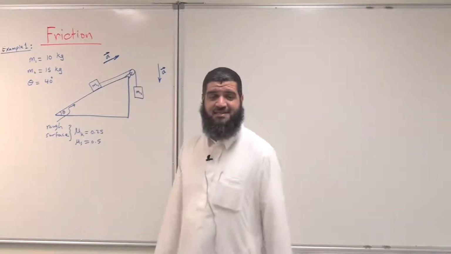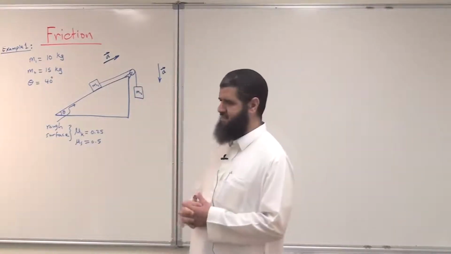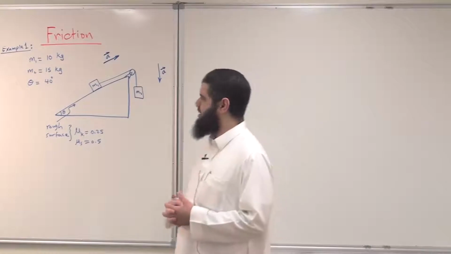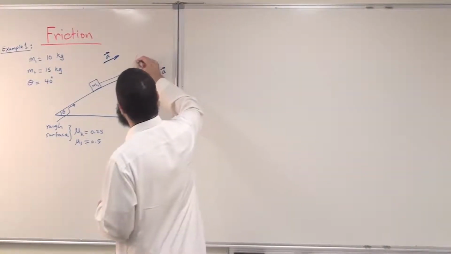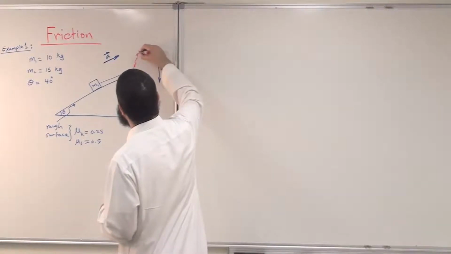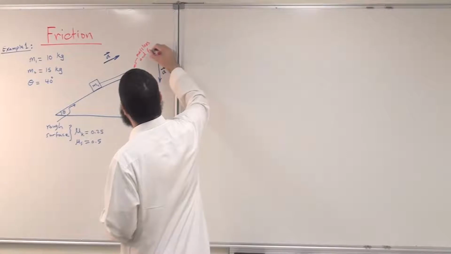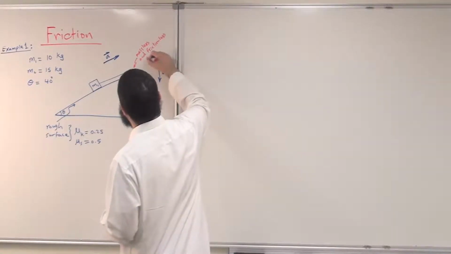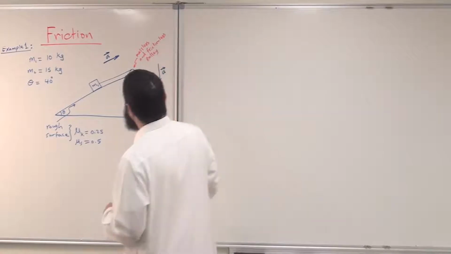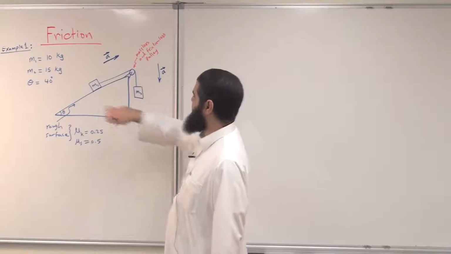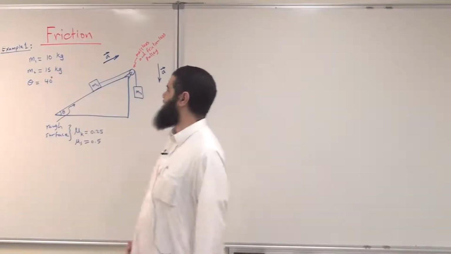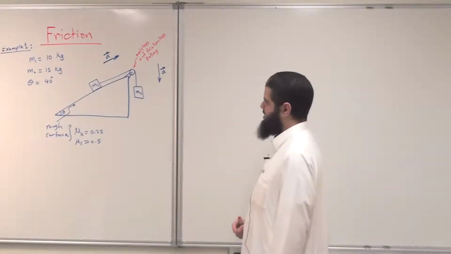The pulley is massless and frictionless, as is always the case in our examples. And the mass M2 is hanging. It has 15 kilogram mass.